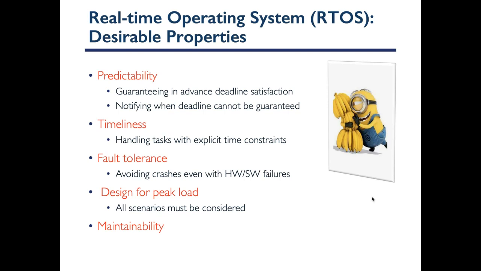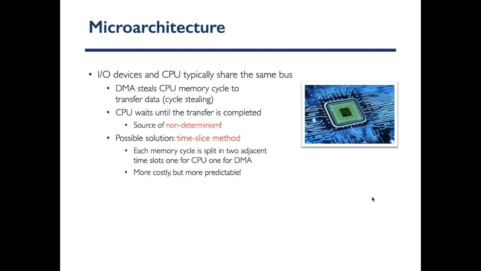And you also want to design for peak load, and you want maintainability, things that actually matter a lot in real-time systems. So let's start with microarchitecture. We'll start with hardware, and then we make our way up to software, things that are a little bit different between general purpose systems and real-time systems. Now, one aspect of processors is I/O devices, your input-output devices.